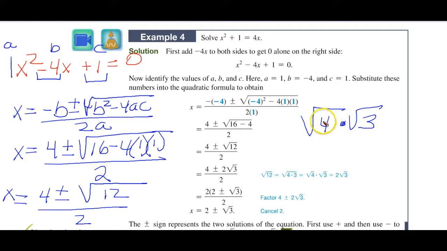So what is the square root of 4? 2. So I'm going to rewrite that as 2 the square root of 3, because that's what 12 is, 2 the square root of 3.